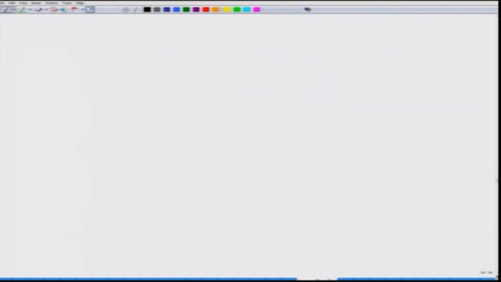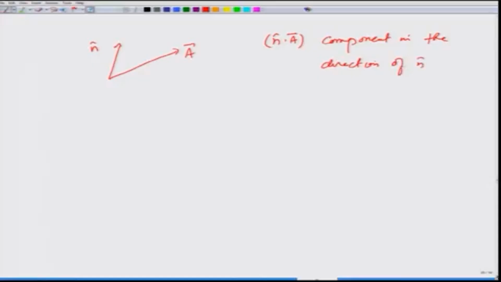I will give you hints. So, again if I have a unit vector n and A, then n dot A is component in the direction of n.